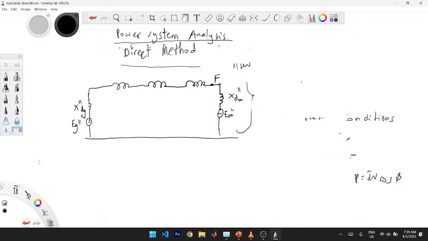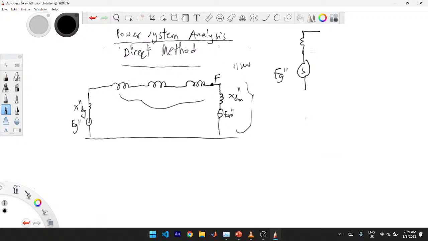For the generator, I'm having my Ej prime, my X here, then this is the terminal of the motor. I'll show all these impedances here, 1, 2, 3.